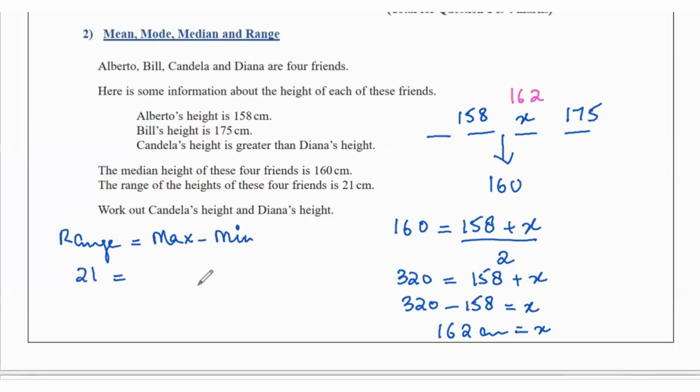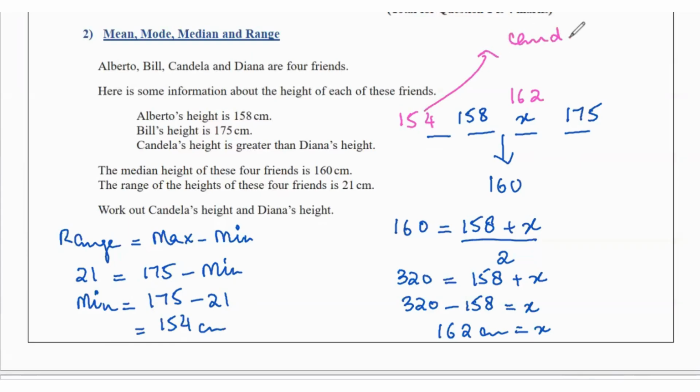So 21 equals 175 minus the minimum height, which means the minimum height is going to be 175 minus 21, which equals 154 centimeters. So 154 is going to come over here, which is also correct because that's less than 158. So we can see that Candela's height is greater than Diana's height. So this is Candela's height. And this is Diana's height.